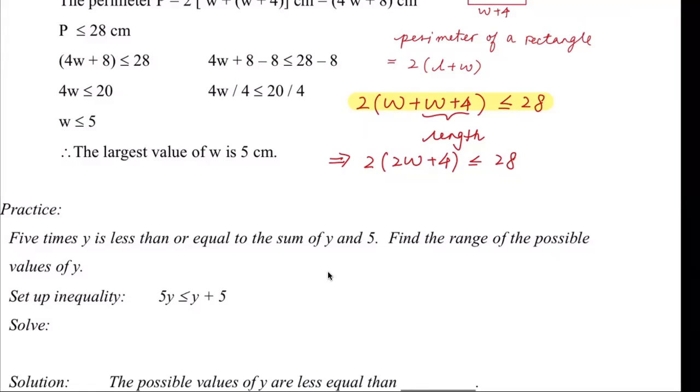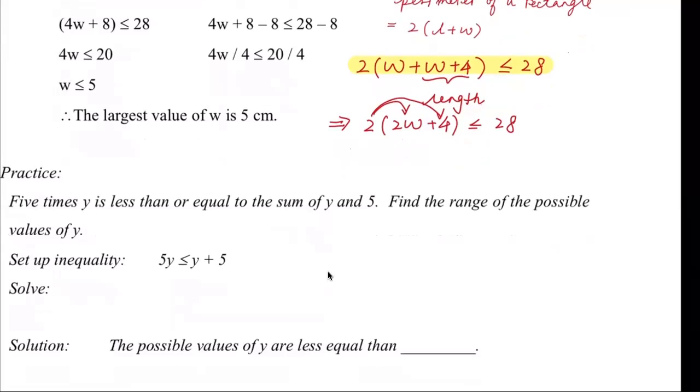Let's use the distributive property so we can review a little bit too. 2 times 2W, that's 4W. I also need to multiply 2 by 4. 2 times 4, that's 8. Smaller than or equal to 28. This should be straightforward by now. We subtract 8 from both sides of the inequality.